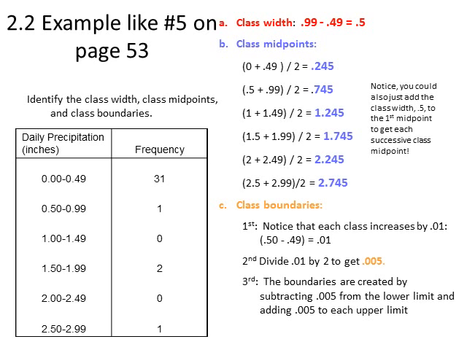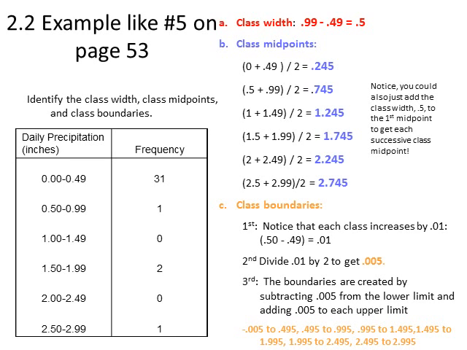Third, the boundaries are created by backing up 0.005 from each lower limit and increasing 0.005 to each upper limit. And what that does is it creates no gaps at all, and one class picks up with the next one. So here's what you would get for all of your class boundaries. The first one starts at 0, but we're going to subtract 0.005.